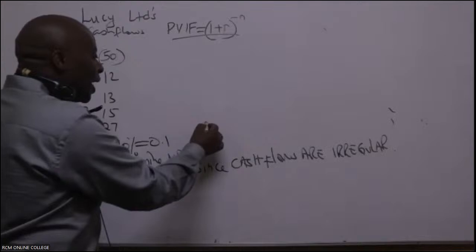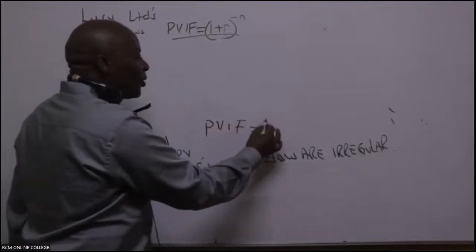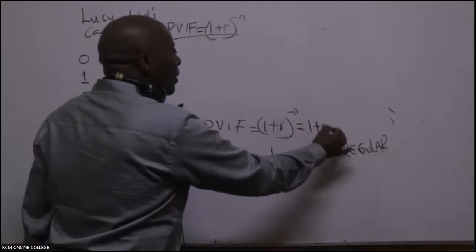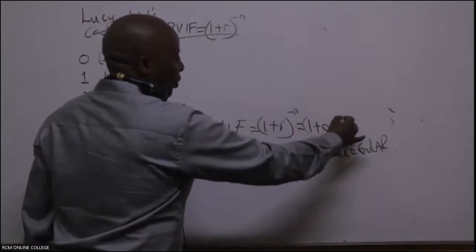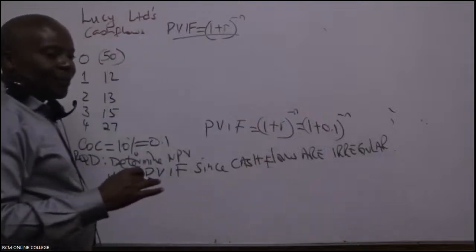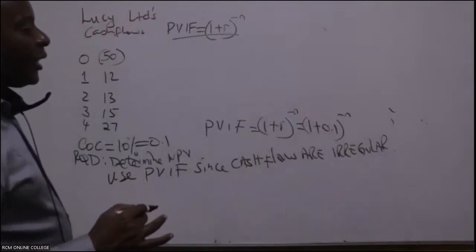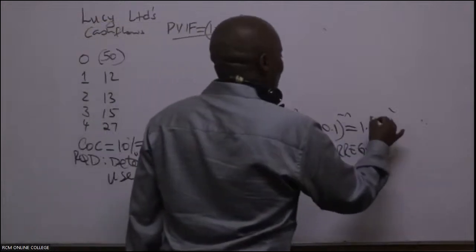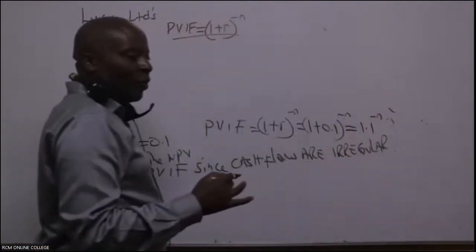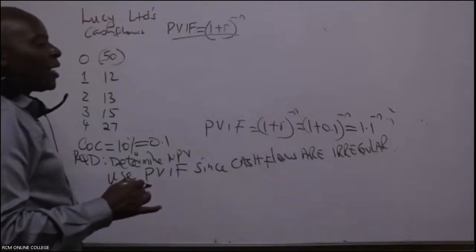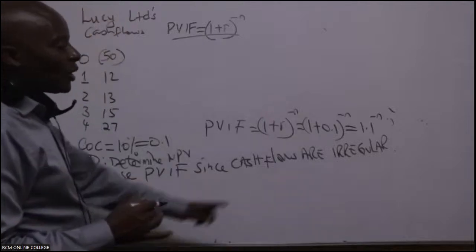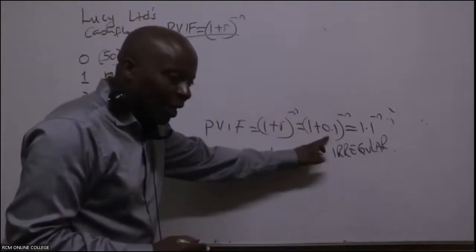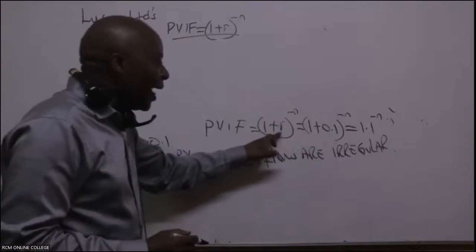So when we say that PVIF is 1 plus r raised to negative n, this will be 1 plus 0.1 raised to negative n, and this is the same as 1.1 raised to negative n, because 0.1 is the same as 10%. I'm only plugging in the r in the formula.